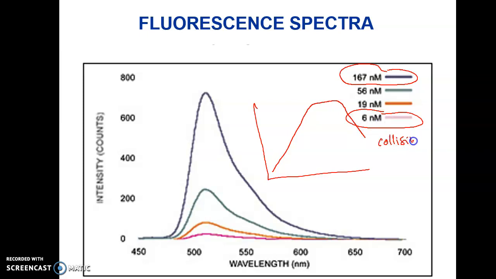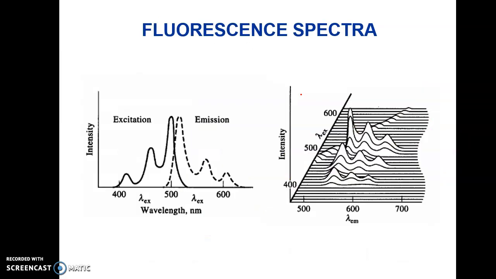Collision frequency increases. Okay, and then the conversion is also increased. Therefore, you decrease the fluorescence. So this is increasing up to a certain range only. That's why it's very important for you to do a graph. Okay, spectra over here, the same thing.